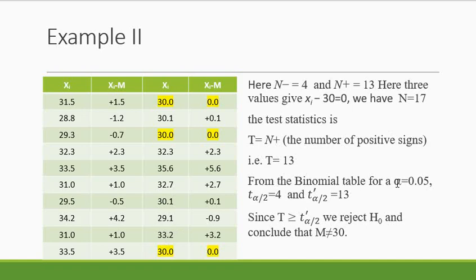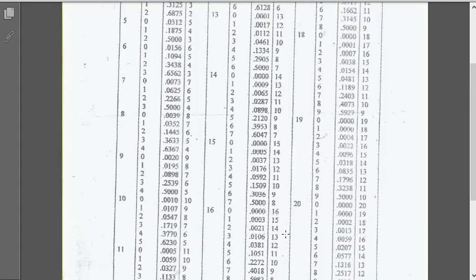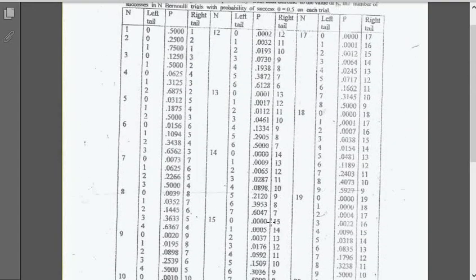So if we take alpha equal to 0.05, we have to obtain two values, T alpha by 2 and T dash alpha by 2 from the table. Here it is given 4 and 13. Just look whether it is true or not. Corresponding to 17, we wanted to check, and it is given here 0.025.